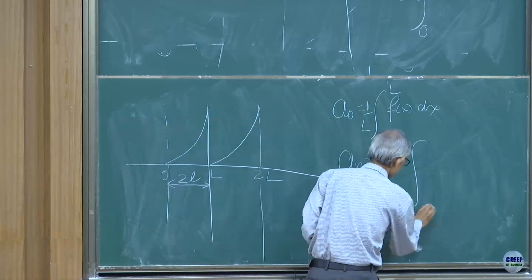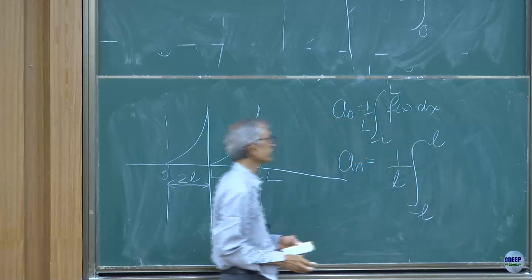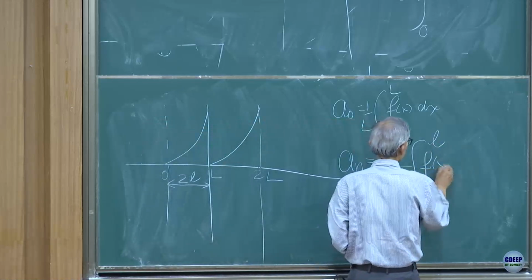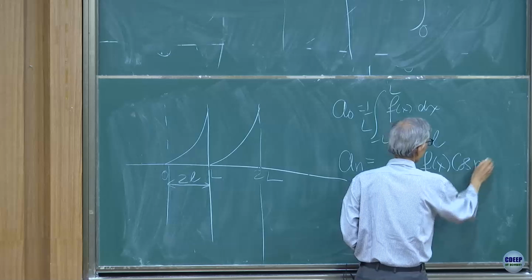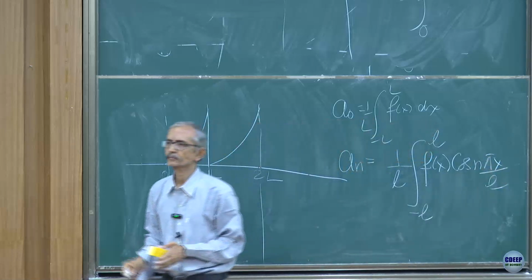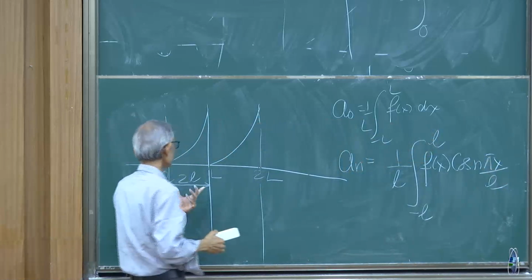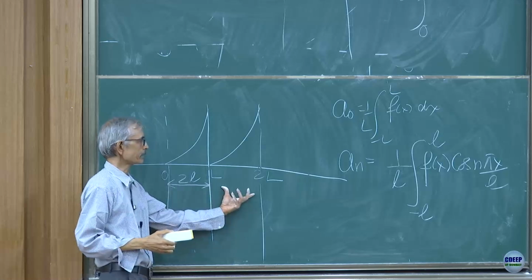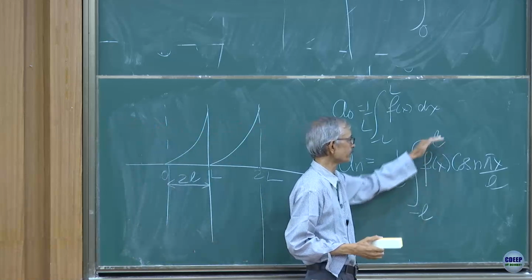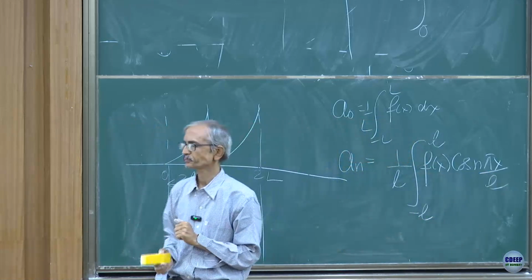So a_n is minus l to l, 1 by l, basic brute force definition, nothing else. f of x cos n pi x by little l. Remember, 2l is my period. So this is my period, this is my period, this is my period. So I've got 1 by l, minus l to l, and I'm going to go like so.